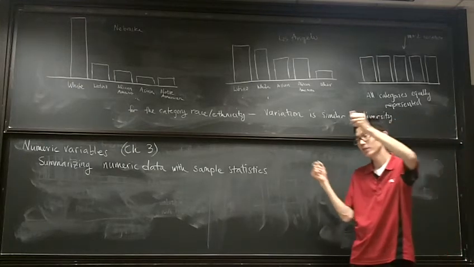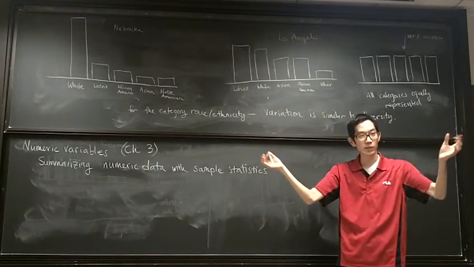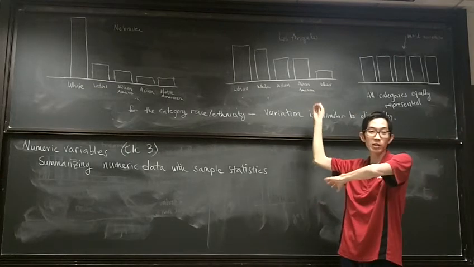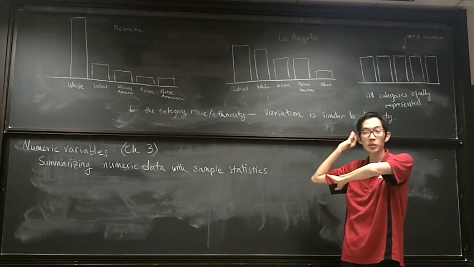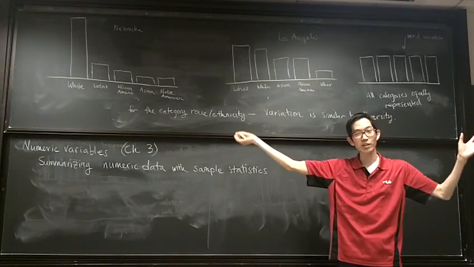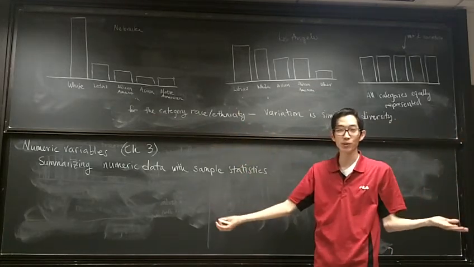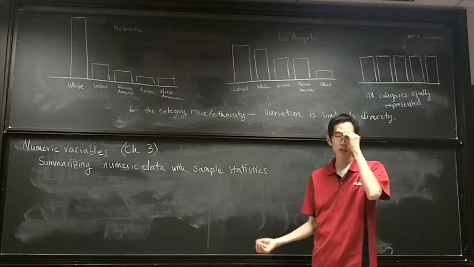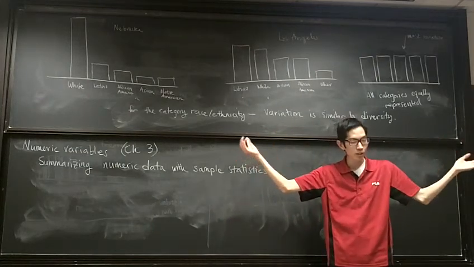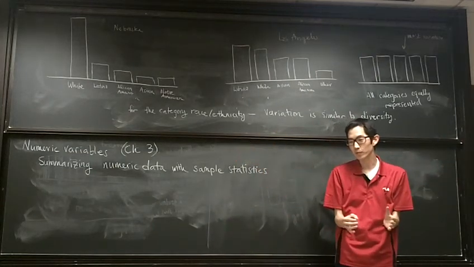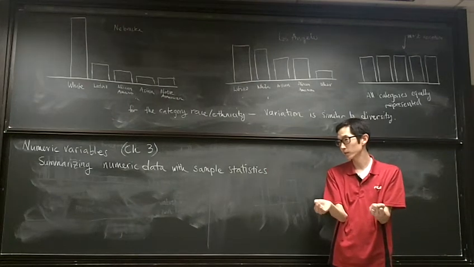A sample is a group of data that we have selected that comes from the population. The population, once again, is everything that we could possibly want to study, but we don't have the resources to study everyone. So we select a sample, and we study the sample.